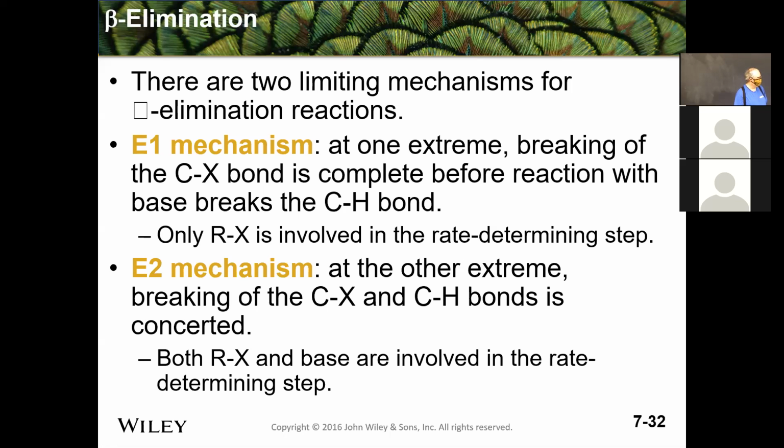And like the SN1, this is first order, it's unimolecular, that's where the 1 comes in. In the E2, just like the SN2, everything happens all at once. Both the base and the alkyl halide are involved in the rate determining step, and it's second order.